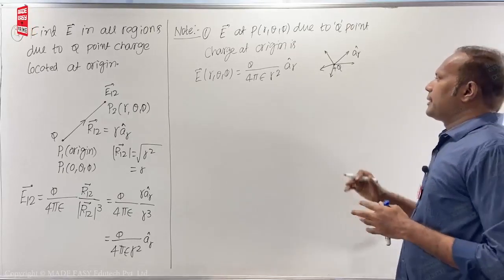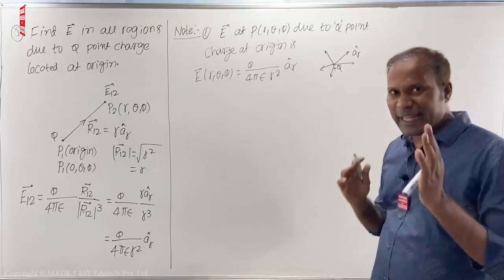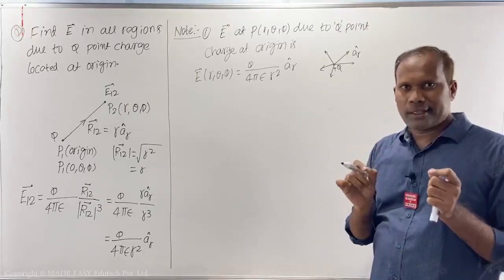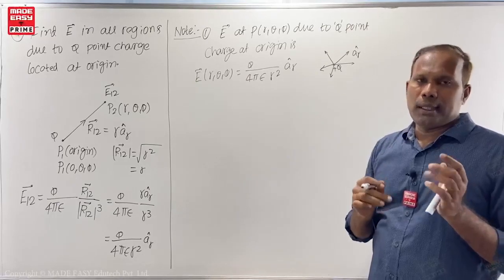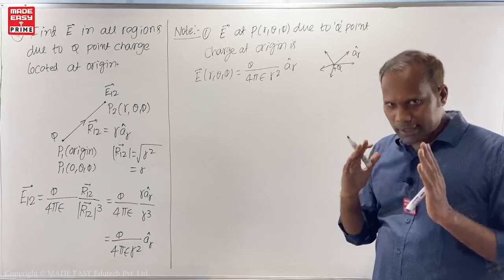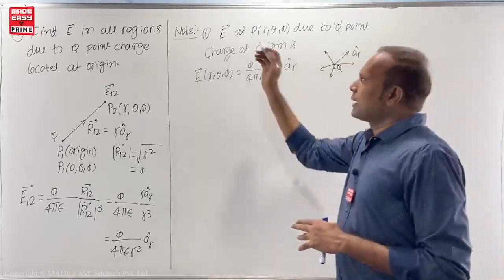So that is why it is concluded that if there is a point charge that looks like a sphere, then aR cap is 90 degrees to spherical surface. That is why the conclusion is electric field lines are always 90 degrees to the charge surface and go away from positive charge surface.